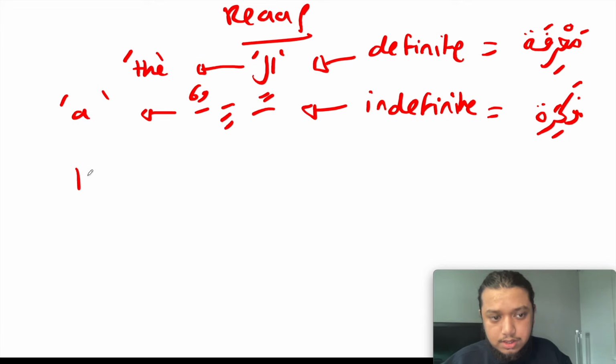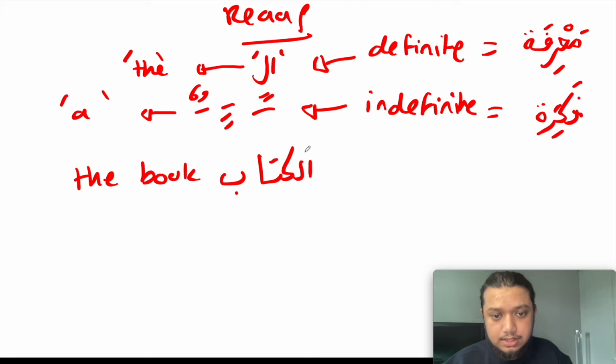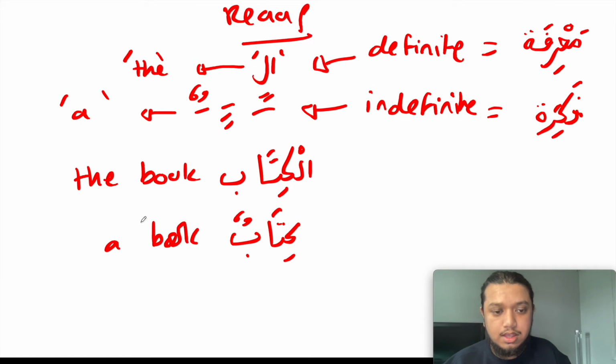For example, the book, Al-Kitab, refers to a specific book, as opposed to just Kitabun, which refers to a book. A book can refer to any book in the world, as opposed to the book which refers to a specific book.